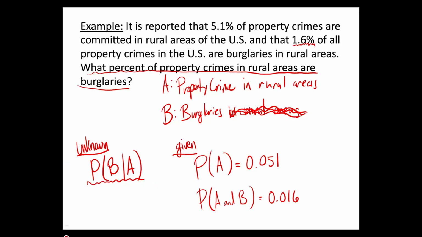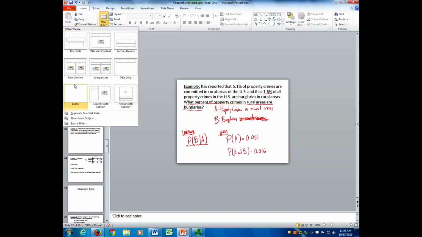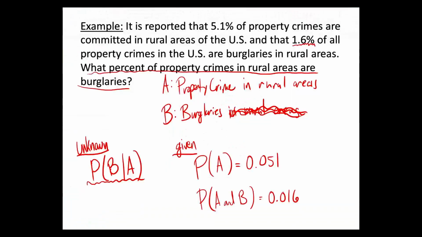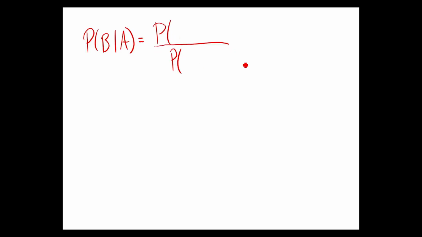But we have a formula for that. I think I'm going to need an extra slide here. Okay, bring it back up. If I want to calculate the probability of B given A, the formula tells me that should be the probability of what over the probability of what?